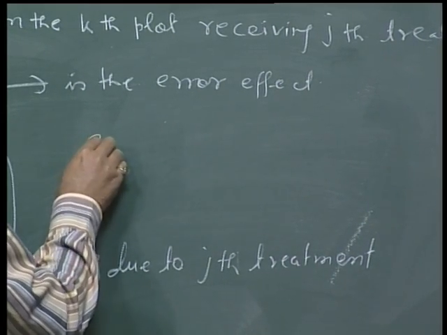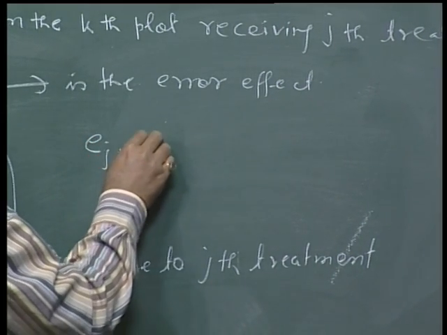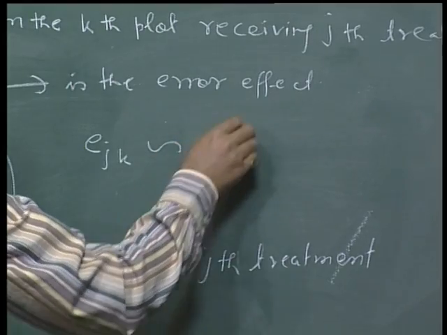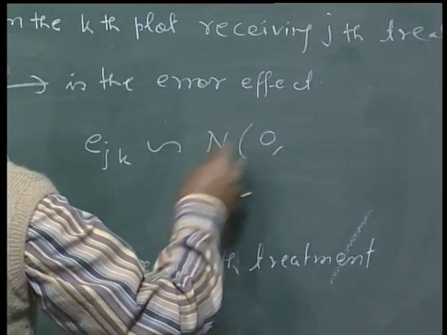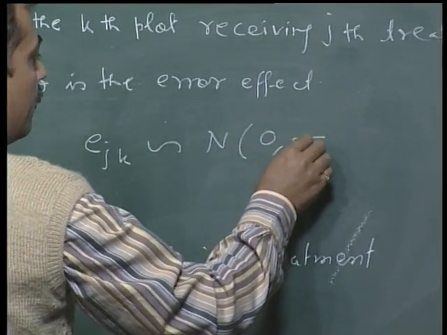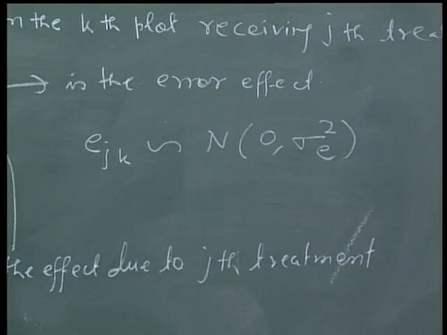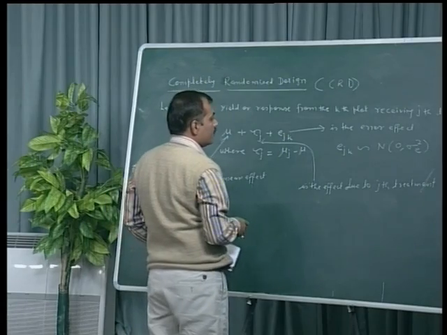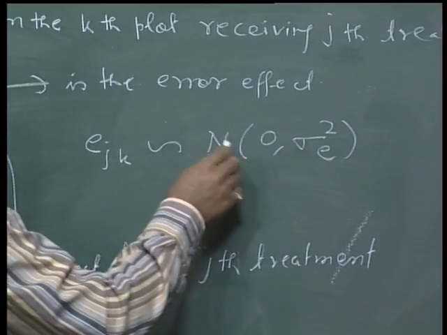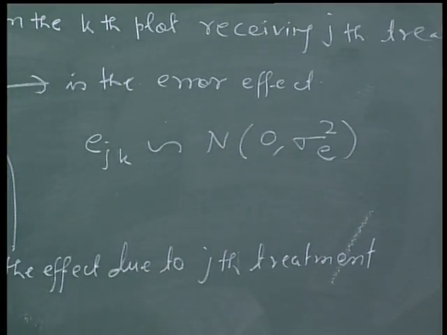The ejk are identically and independently distributed normal variates, following a normal distribution with mean 0 and variance sigma square e.